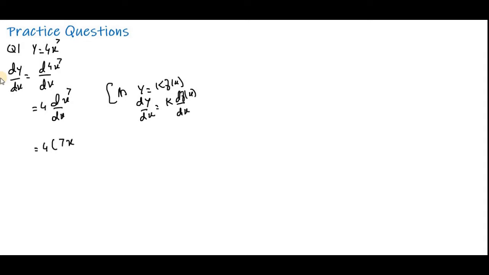Now here we are going to use power rule. So 4, 7 x raised to power 6 and multiplying 4 with 7. This is our derivative.